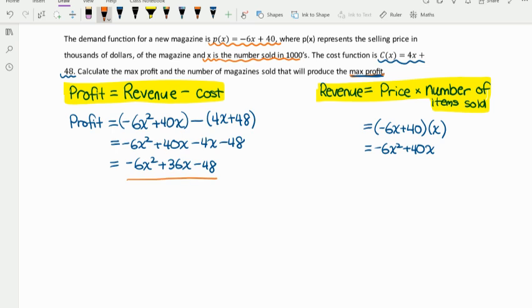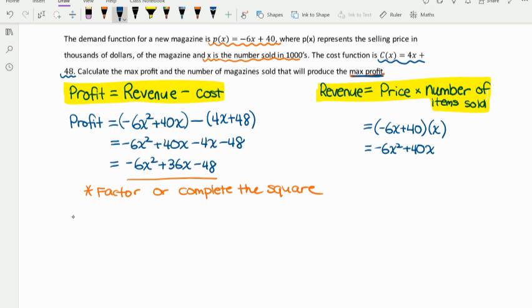So you can either use factoring or completing the square. Let's try factoring here.